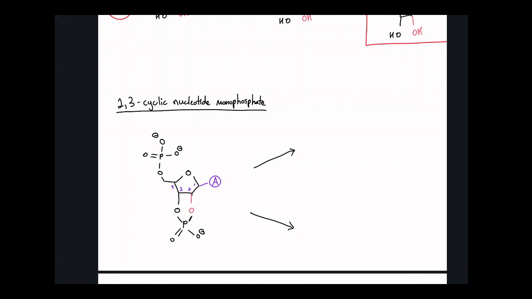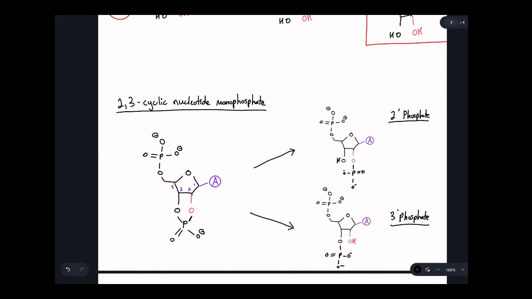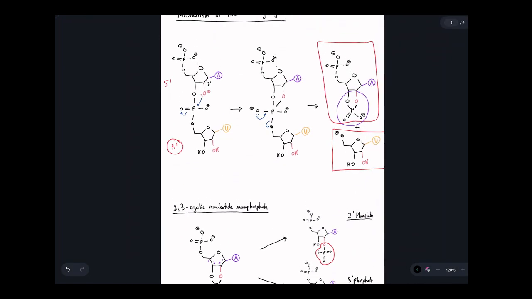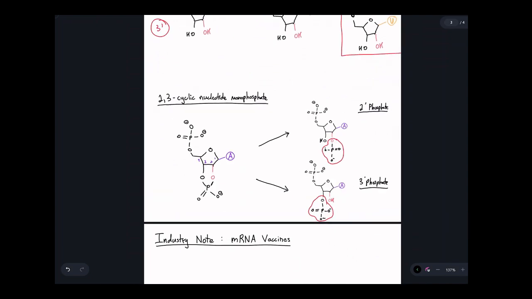But what happens here? You can produce one of two chemicals. Either the phosphate ends up on carbon 2, or the phosphate ends up on carbon 3. So you can get a 2-phosphate or a 3-phosphate. Either way, the RNA chain that you made has been broken down into individual things.